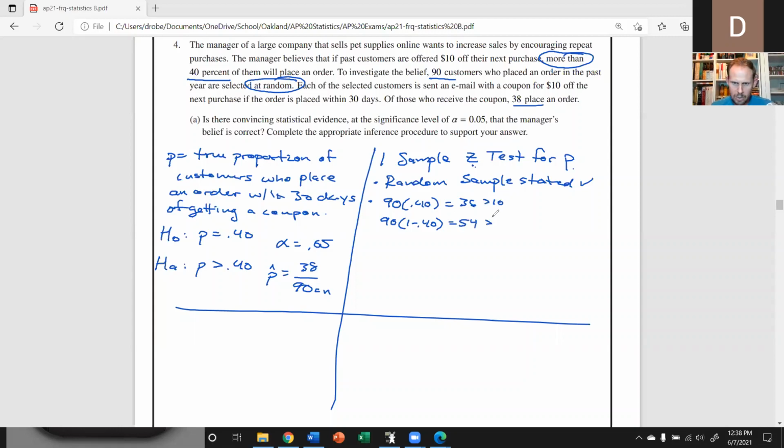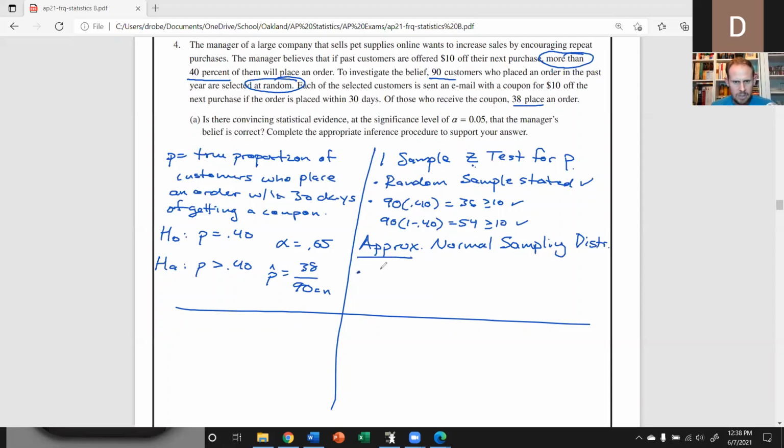Both of those are greater than or equal to 10, so both check out. That means we have an approximately normal sampling distribution. Now that we're on the AP exam, don't forget to add in the approximately.